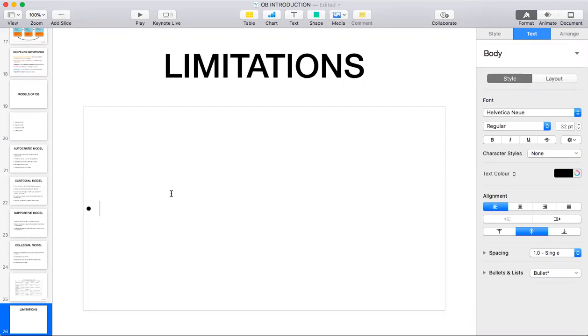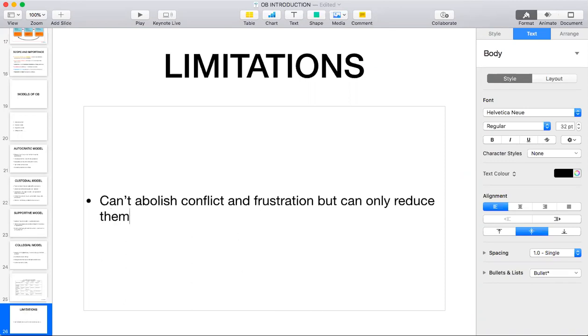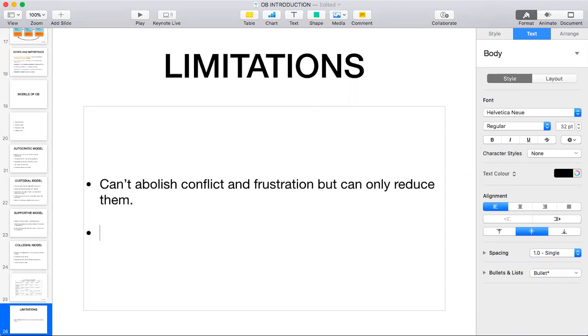First and foremost, it cannot abolish or eliminate conflict from the company, because it can manage conflict but cannot completely avoid it. So it cannot abolish conflict and frustration, or the politics in the company, but can only reduce them. They can manage it only, they cannot completely remove that.